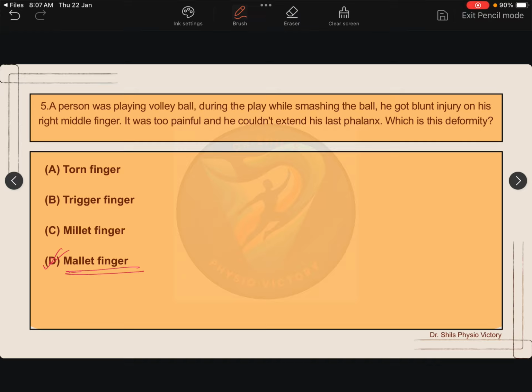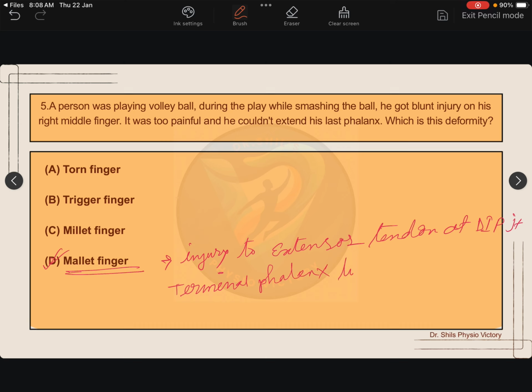In mallet finger, there is injury to the extensor tendon at the DIP joint, causing a flexion deformity. It generally occurs in volleyball, basketball, and cricket.